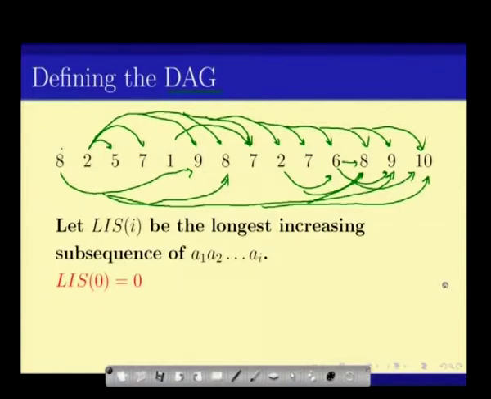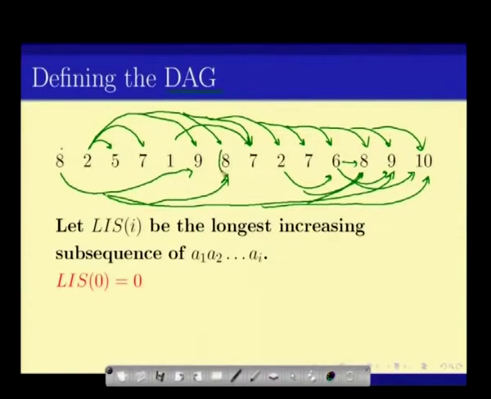And here is the interesting part. What happens if I consider the longest increasing sequence at i, say in this case this number, 1, 2, 3, 4, 5, 6, 7. So, LIS(7). This has edges coming from all the things which are smaller than itself, and it has an edge from 2. Now, the longest increasing subsequence ending at this point must have stopped at any of these points.